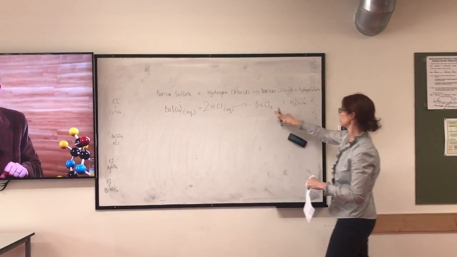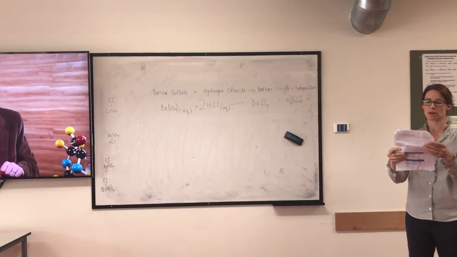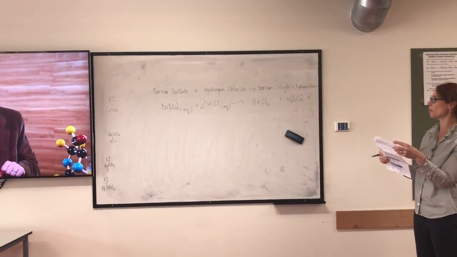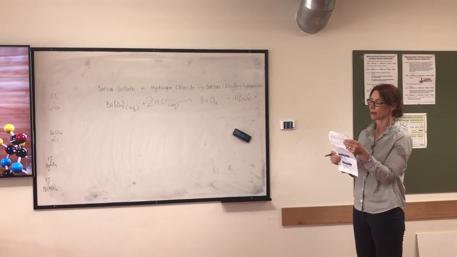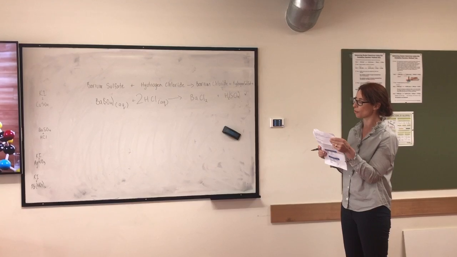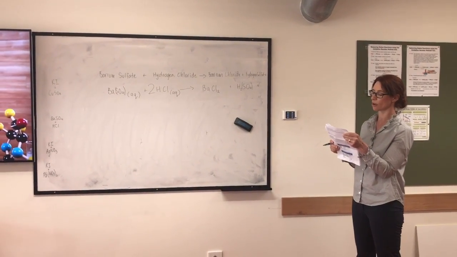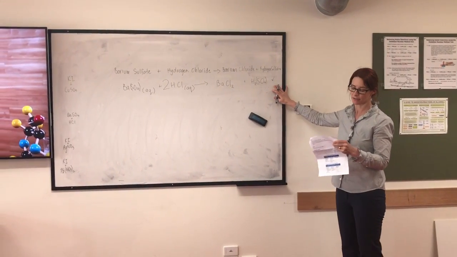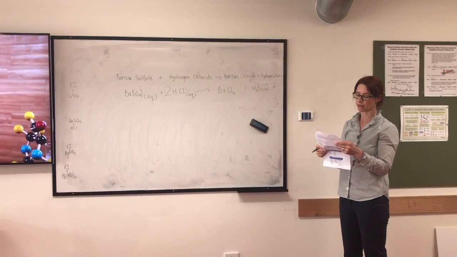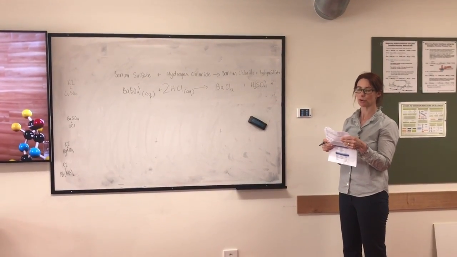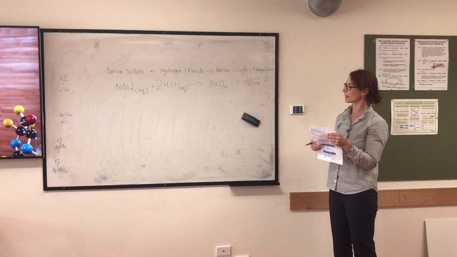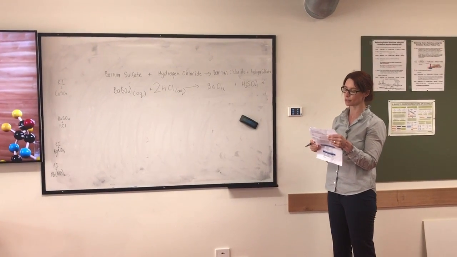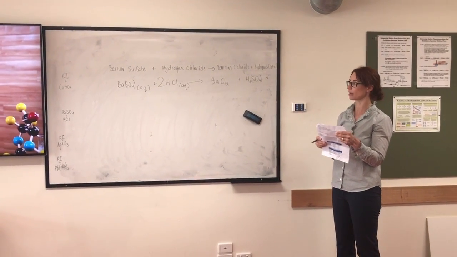So AQ. Then I need to look here and go through my rules. The first rule is that all compounds containing either sodium, ammonium, potassium or nitrate ions will dissolve in water. We've got none of those. Next one. Compounds containing the chloride, bromide and iodide ions are soluble except when they contain silver, lead or mercury.